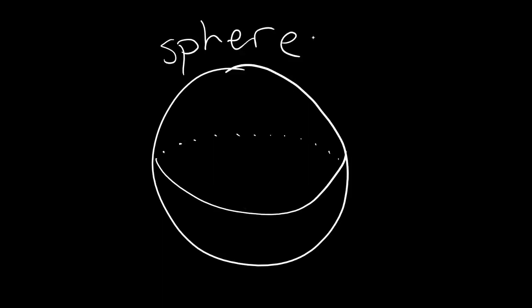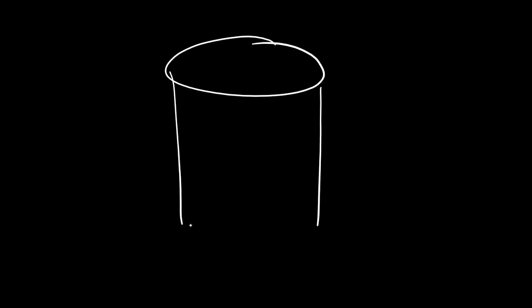And if it's a ball, imagine if it was a perfect ball, we'd call it a sphere. And this is called a cylinder.